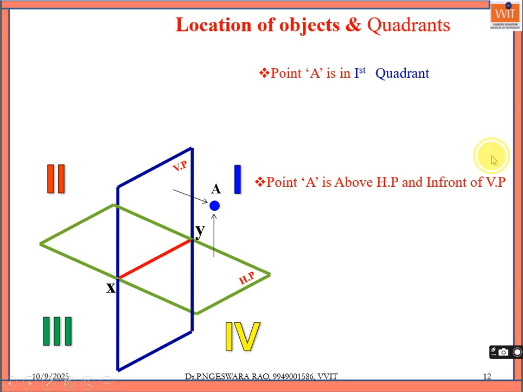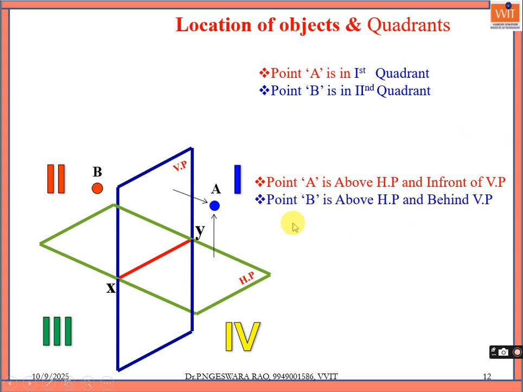Next one, now the point B. Visually we can say that the point B is in the second quadrant. The point B is above HP but it is behind VP.